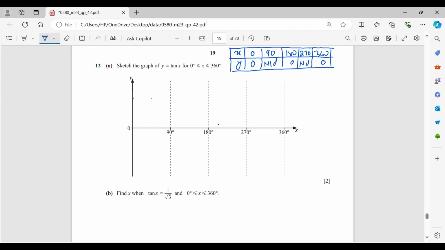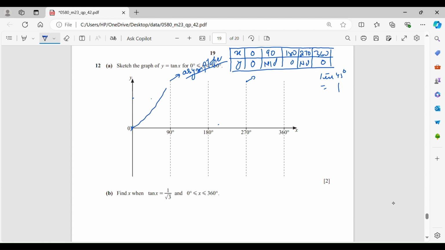So these are the asymptotes, right? These are the asymptotes. Let's take one value between 0 to 90, 45. Let's take tan 45. Tan 45 degree will be equal to positive 1. So our graph will be like, for 0 it will be 0 and it will not touch the 90 degrees, so it goes like this.